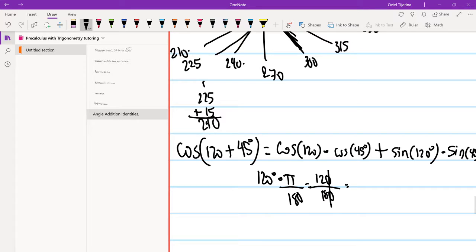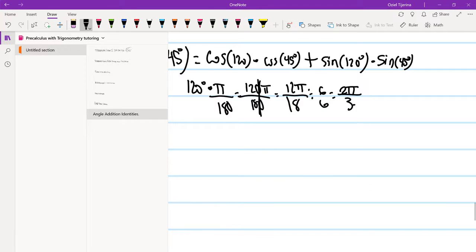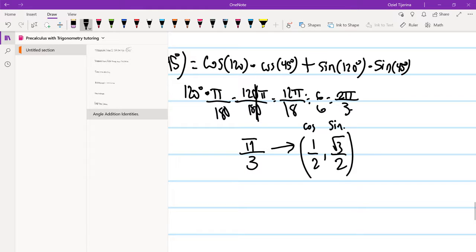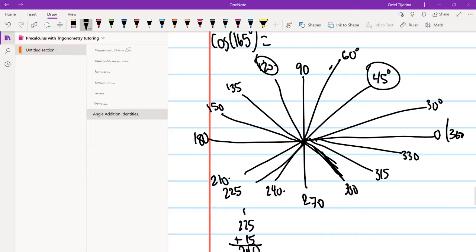And we all know that for pi over 3, we have 1/2 and the square root of 3 over 2. This would be cosine, and this would be sine. So it's asking for the cosine of 2 pi over 3, and 2 pi over 3 is over here in the second quadrant. In the second quadrant, it's negative, positive.